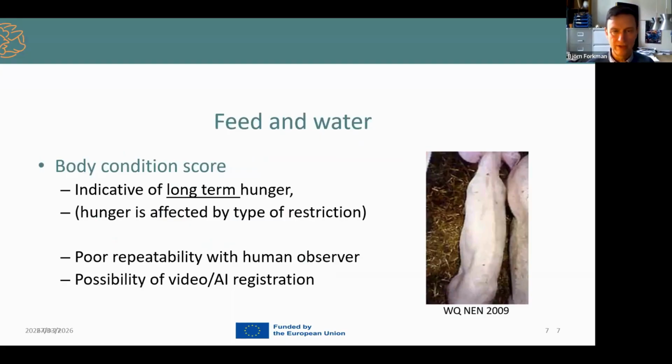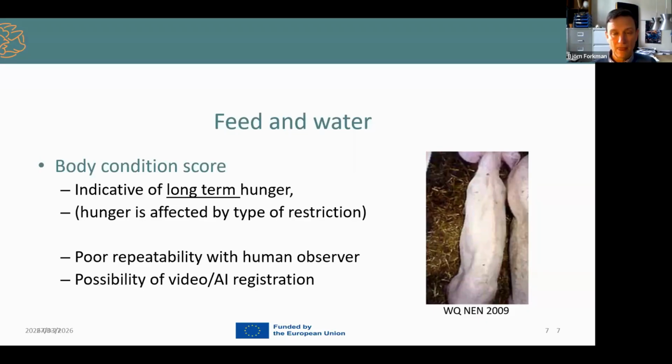So if I start with feed and water. Now, body condition score is something which is very often used as a measure of hunger. Primarily, of course, long-term hunger.